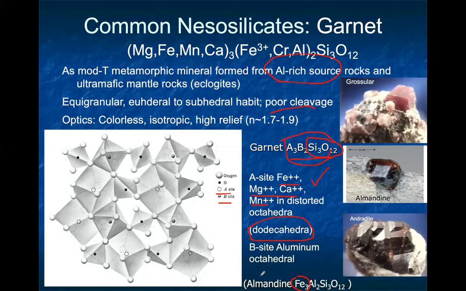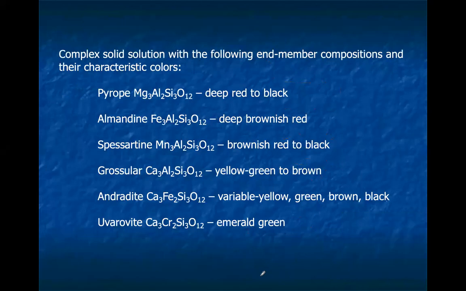It's the almandine variety. And similarly, you have pyrope garnet, that is magnesium-rich garnet. Almandine is iron-rich garnet, spessartine is the manganese-rich garnet, and grossular is the calcium-rich garnet.